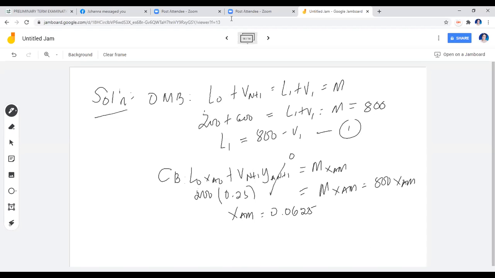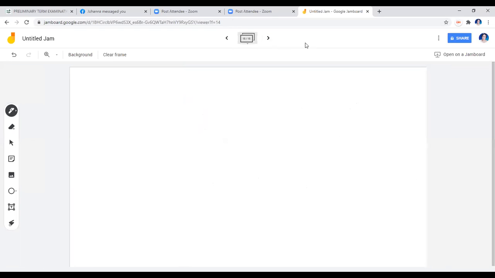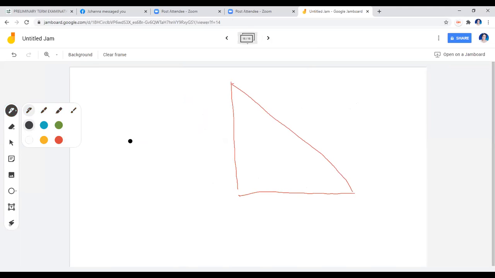I will just outline the next part in the solution. I'll draw here the triangle. So let's say this is our triangular diagram. And this is our phase envelope.